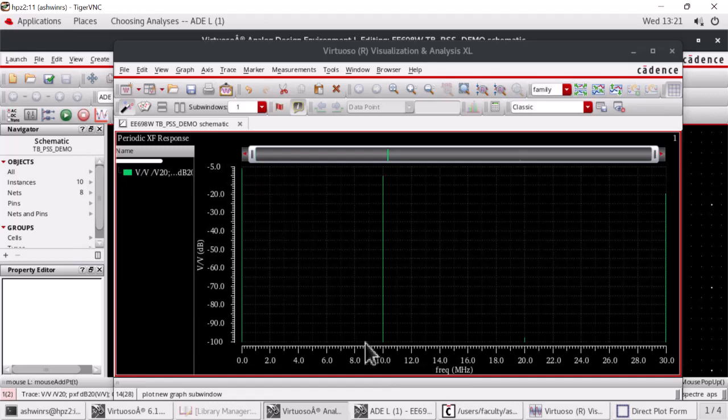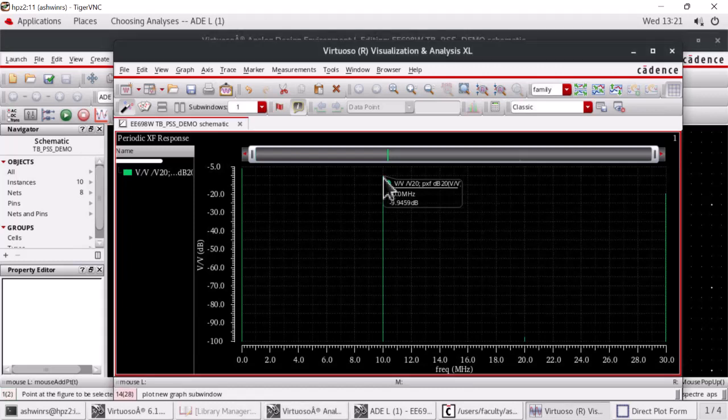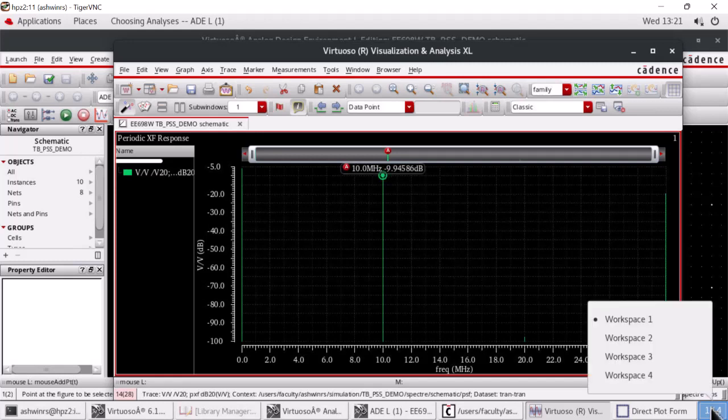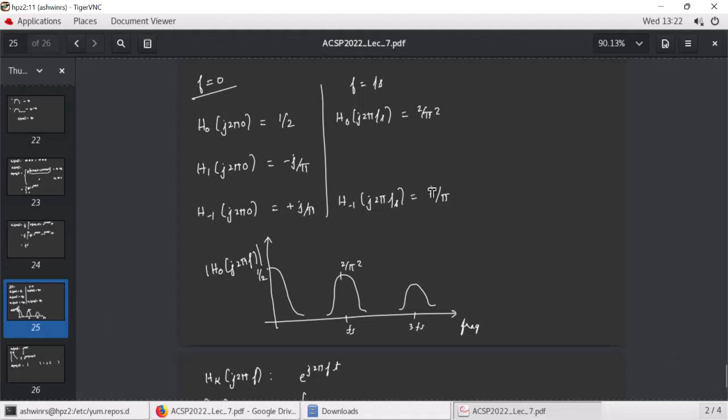And this is the tone at fs, 10 megahertz. That is, an input at 10 megahertz, which is fs, and how it translates to DC at the output. And that's around 9.94, and that's equal to 1 by pi, right?